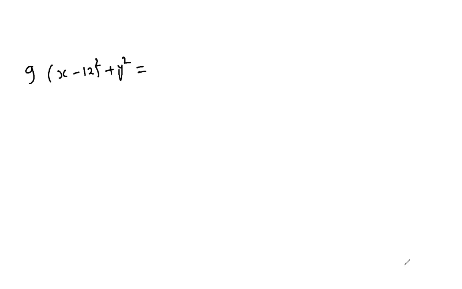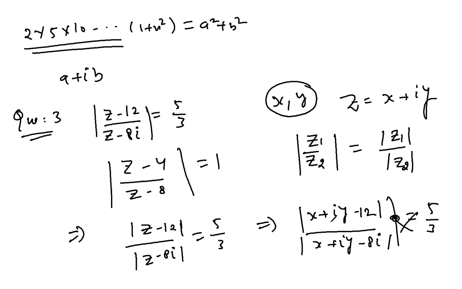In the right hand side, 25 times x square plus y minus 8 square. Because the modulus of a complex number a plus iota b, the modulus square of this will be simply a square plus b square. Similarly in the second part you have a real part and a complex part, and then you start solving it.